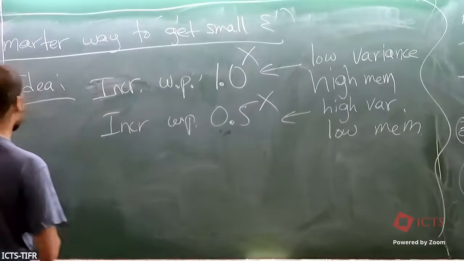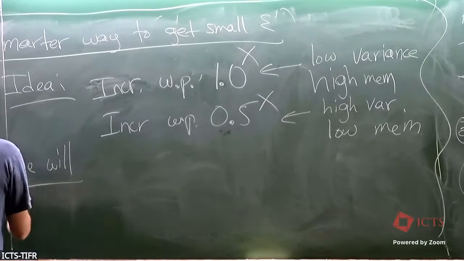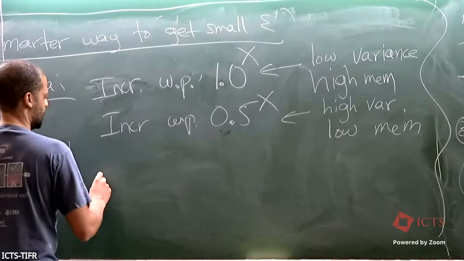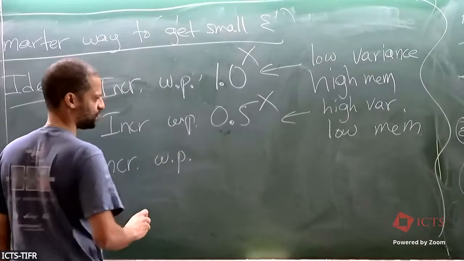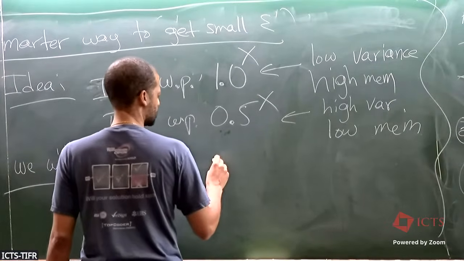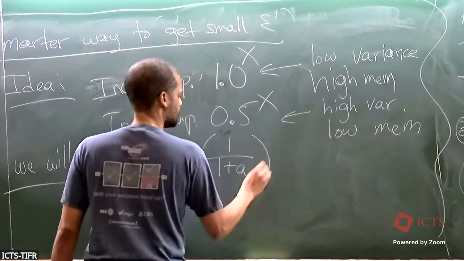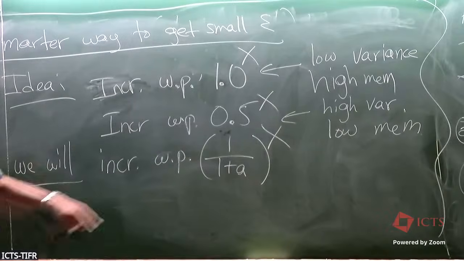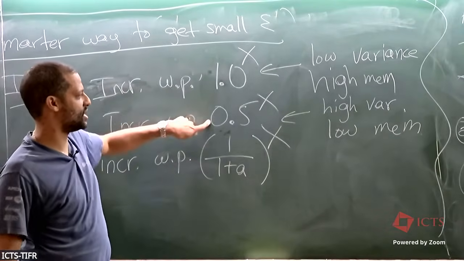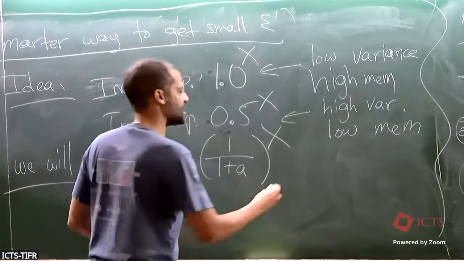So what we'll do: increment with probability 1 over (1 plus a) to the x, where a is a parameter. Here a was 0, here a was 1. We'll think of a as something small.